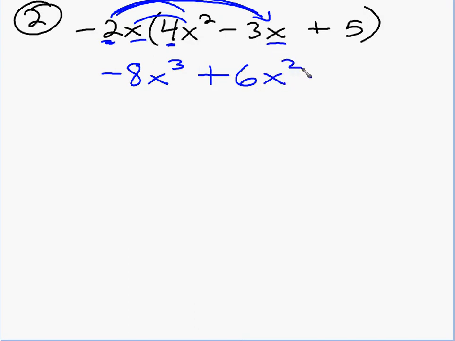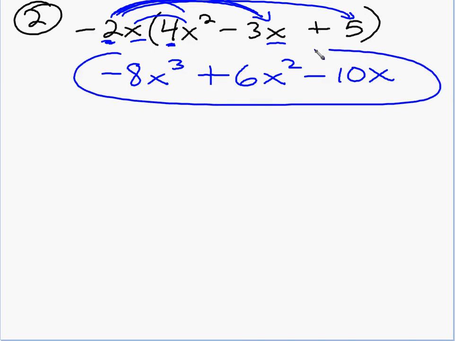X squared. Don't leave off that x squared. The middle term is positive 6x squared. Then I need to multiply the negative 2x times the last term, which would be negative 10x. All right? And that's your final answer. All three of those terms are different because the powers are different on the variables, so that problem is done.